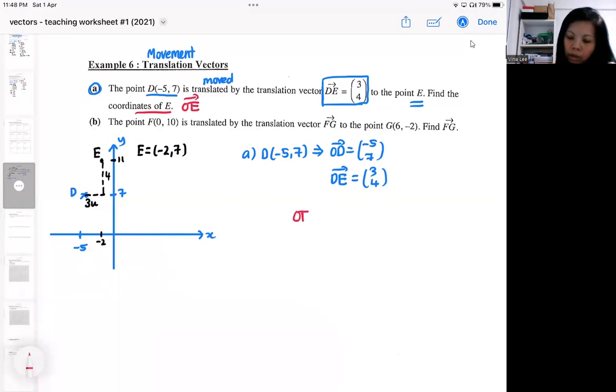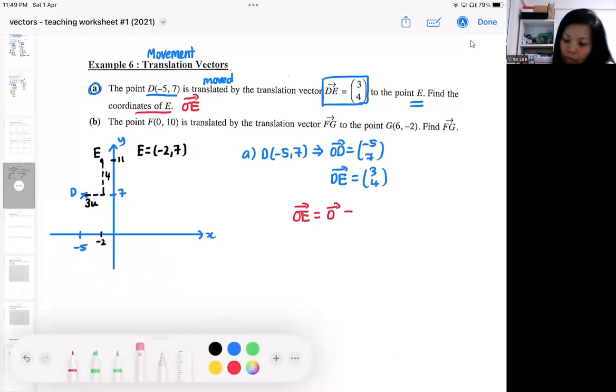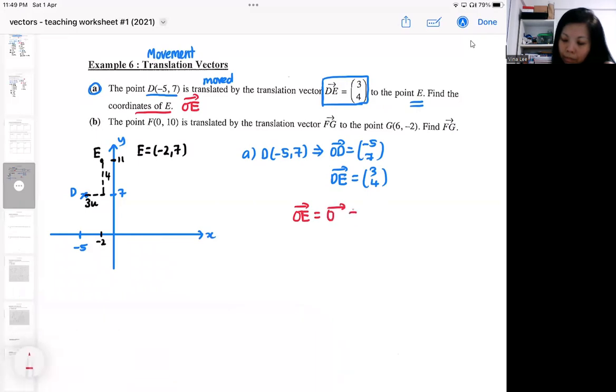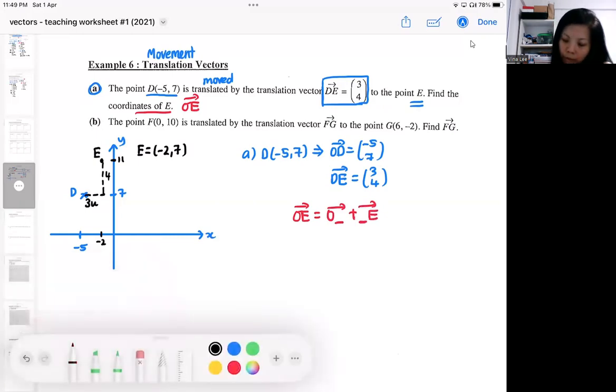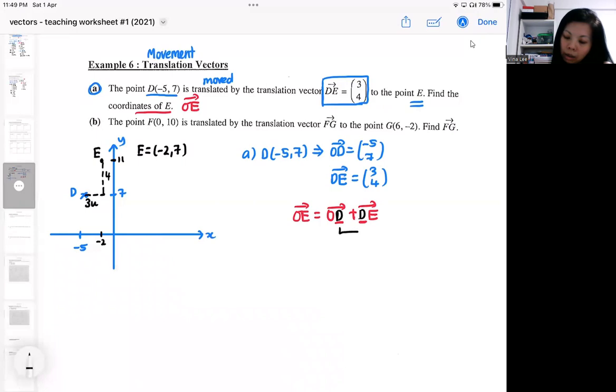So if I do it like a position vector, it's like fill in the blank one more time. You fill in the blank with D, and you actually get your OD and your DE. So it actually gets you the same answer as with the sketch.